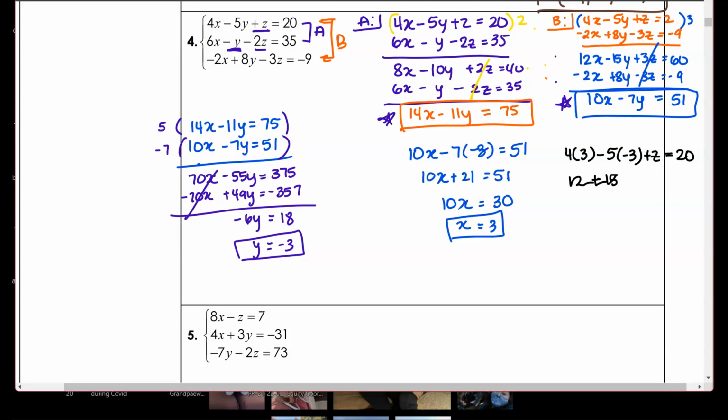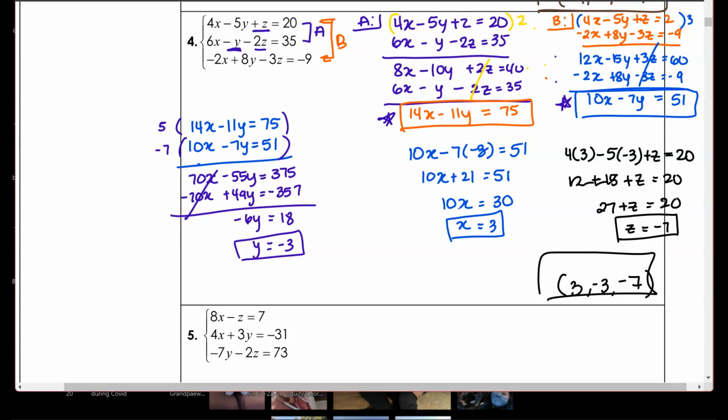I don't know why my stylus writes that way sometimes. 15 plus 12, sorry, is going to give us 27 plus z equals 20. Subtract both sides by 27, so we get z equals negative 7. So then we see that our answers are going to be 3, negative 3, and negative 7.